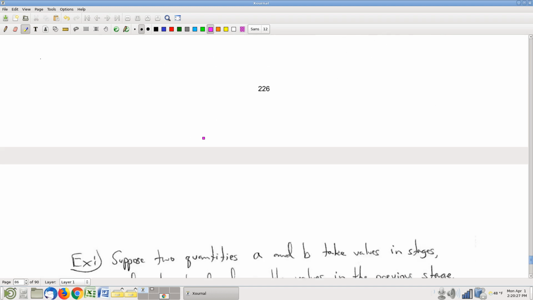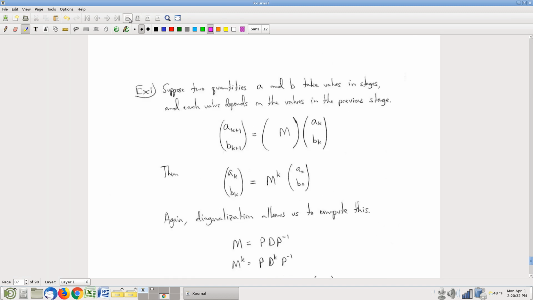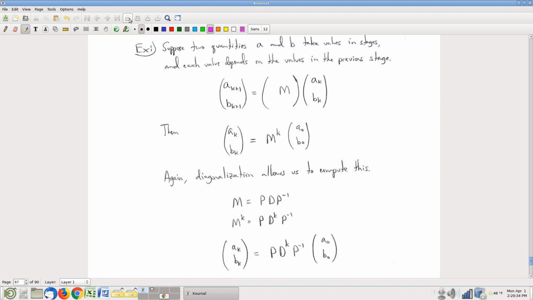Okay. Lastly, I don't have any details in this example. This is just kind of a template, you might say, for whatever applications. Sometimes, if you're dealing with a physical system, some sort of contraption that you engineers might concoct, this system might take values in stages.